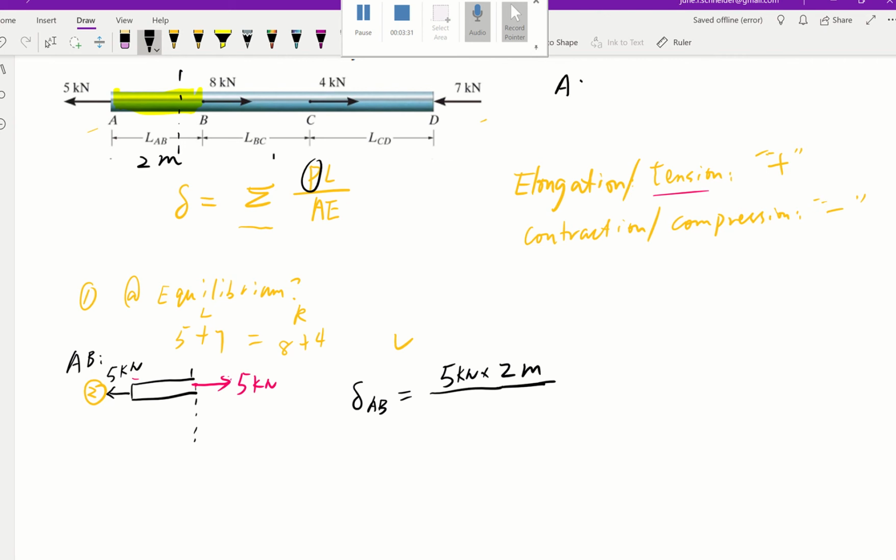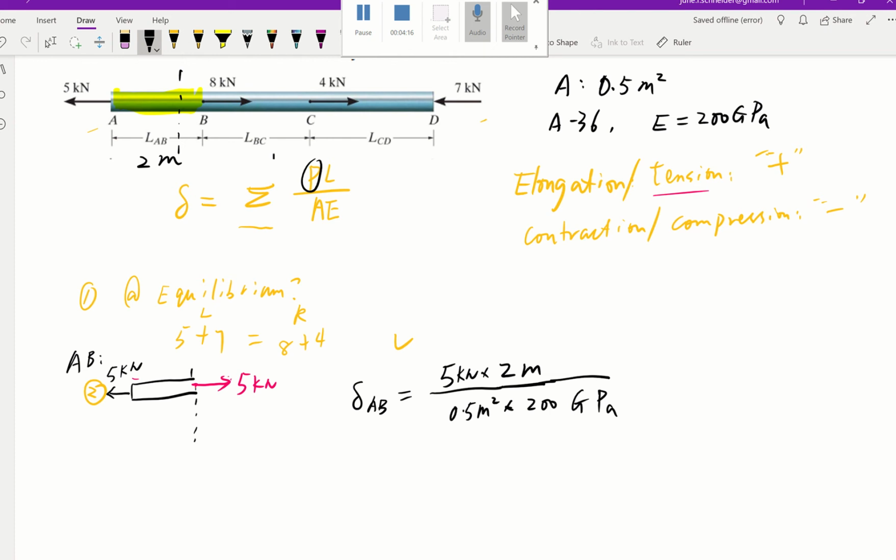We assume this is a uniform bar, so the area, let's make it 0.5 meters squared. That's going to be the cross-section area for this circular cross-section. And for our E, we assume this is A36 steel, and our elastic modulus will be 200 gigapascal. Then that will be our E, so 200 gigapascal.